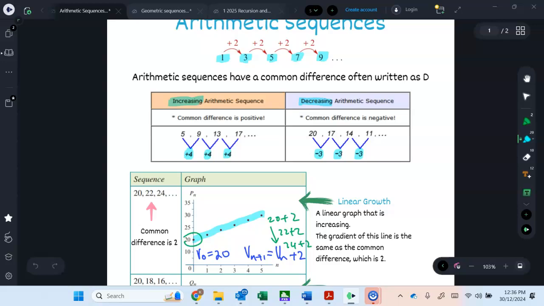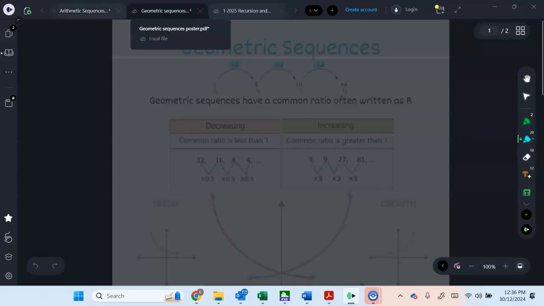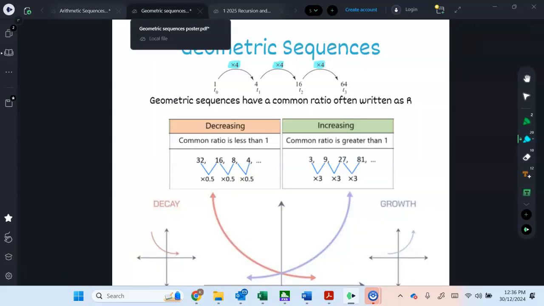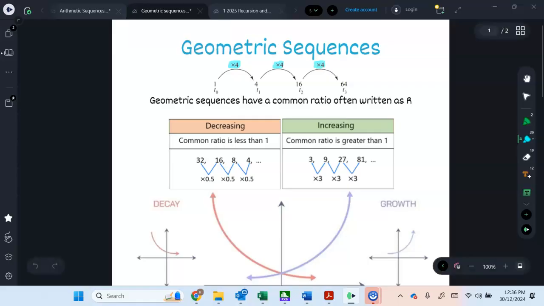So for geometric, you might think, why are we still just multiplying? Why aren't we dividing? If we do that, it just complicates things. We'd like to have a common ratio. So our common ratio is 0.5 here, and for this one, it's 3. If we started dividing, then it wouldn't be called a common ratio anymore. So it's just easier to say we're multiplying.